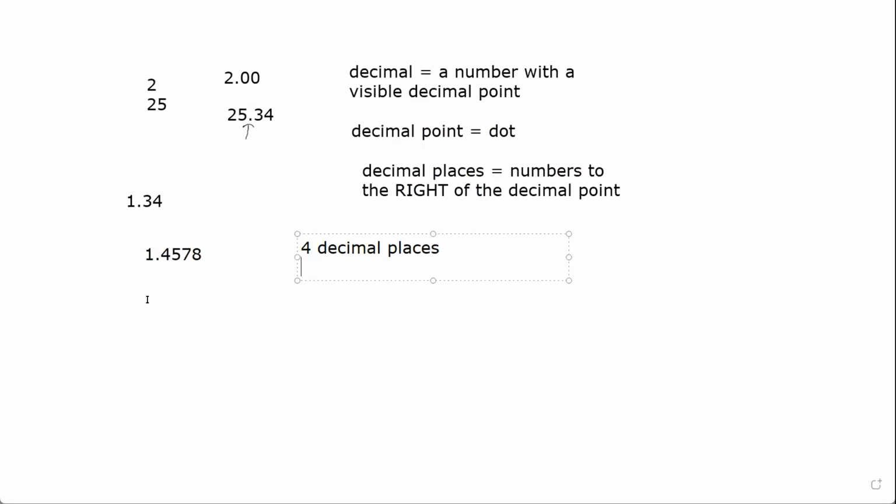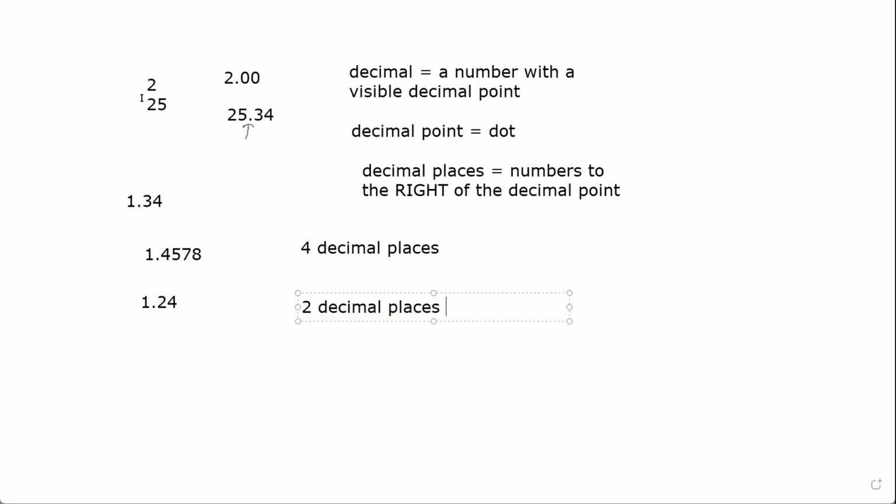Now, if I had a number like 1.24, how many decimal places does this have? 2. Now, here's the thing. This is where your rounding rules come in. If you're going to round anything, whether it's a number with a decimal point or a whole number that doesn't have a visible decimal point in it.